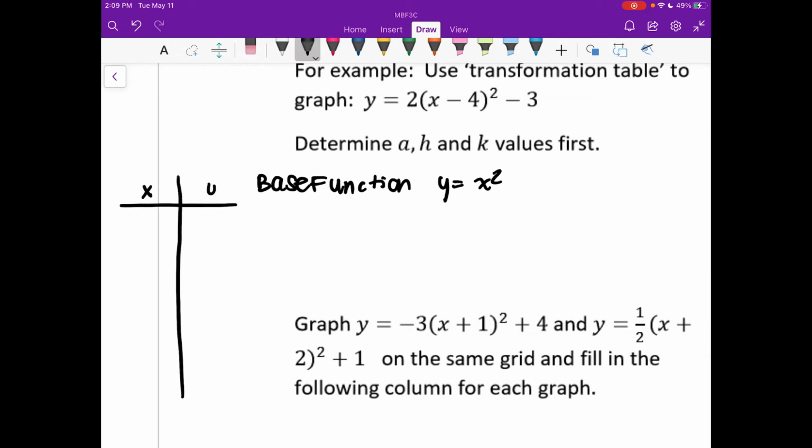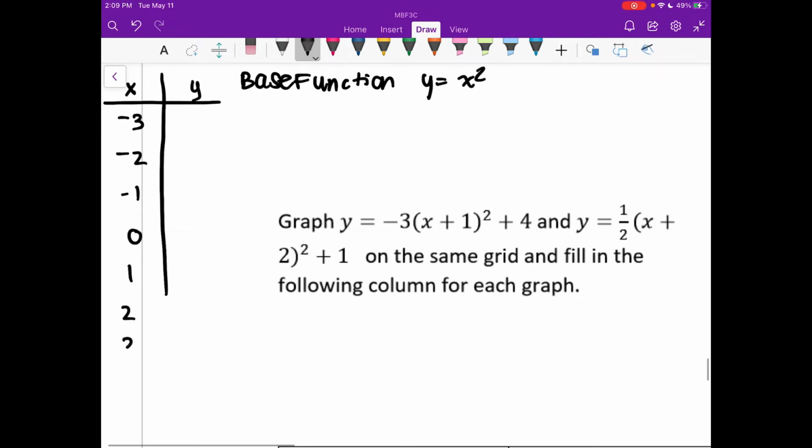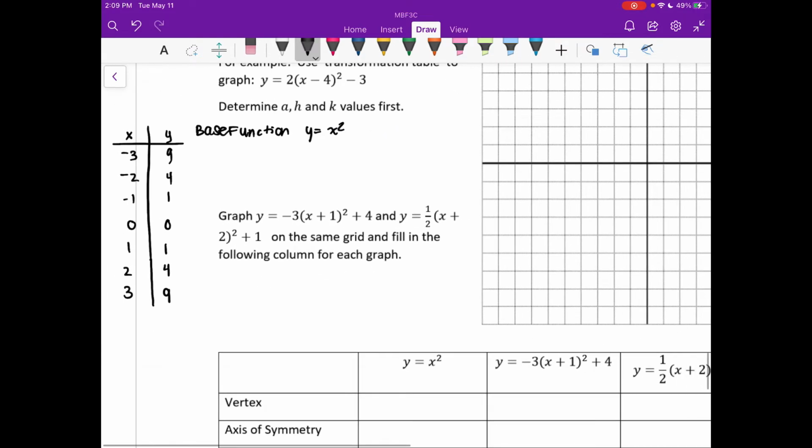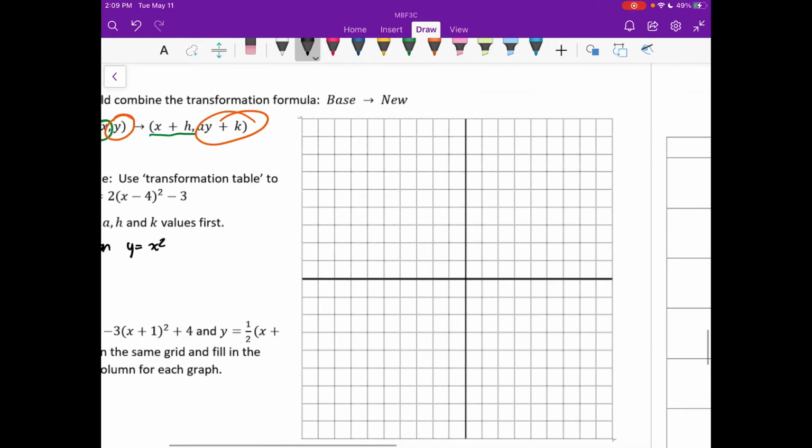So x, y. We start off -3, -2, -1, and then 1, 2, 3. And then we know it's 9, 4, 1. This always stays the same. Right, so that's my y equals x squared. So let's just go in and graph that.